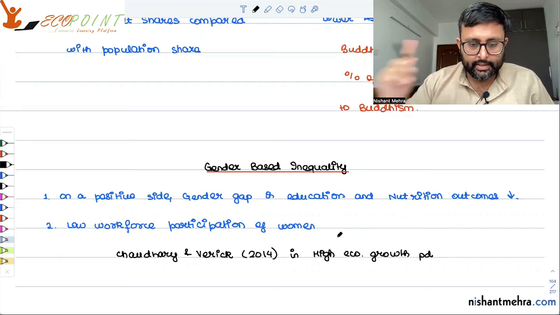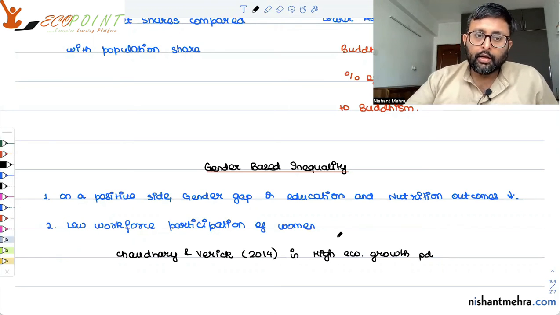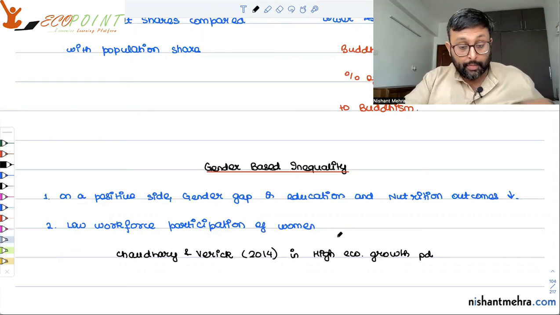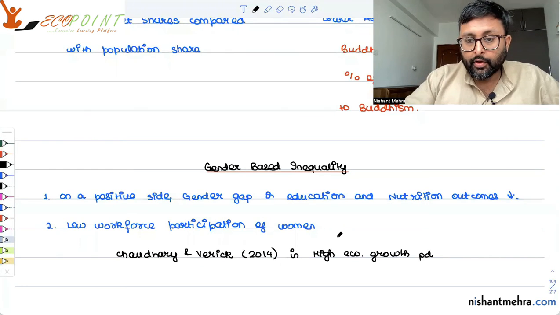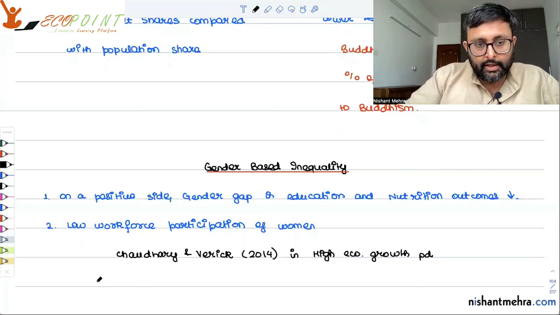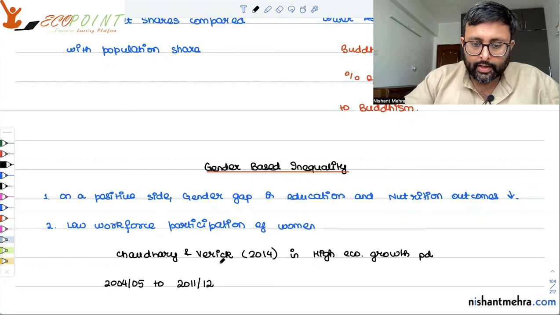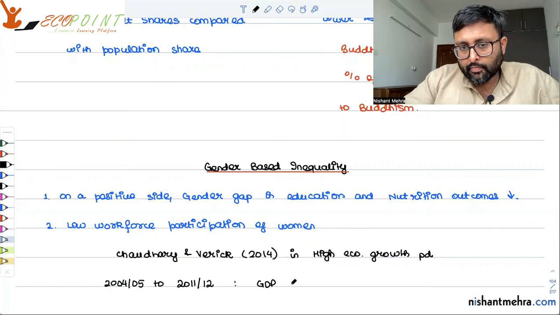I've not written the complete sentence, so please write that yourself: that they have tried to analyze why workforce participation of women was reducing, and that too in the high economic growth period. So particularly for the years 2004-5 to 2011-12, you look at GDP, it grew by 8% per annum.